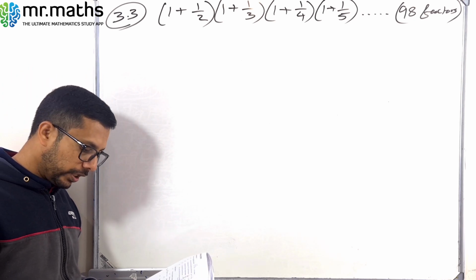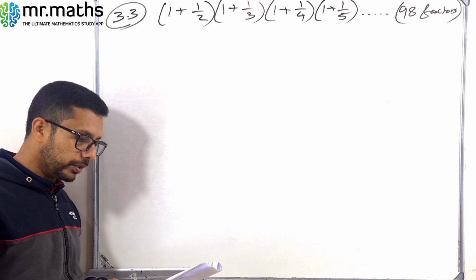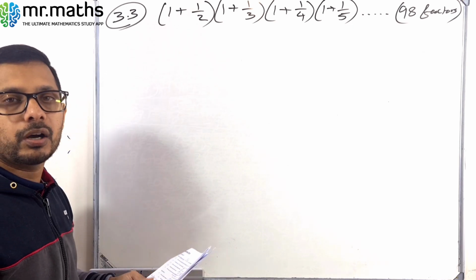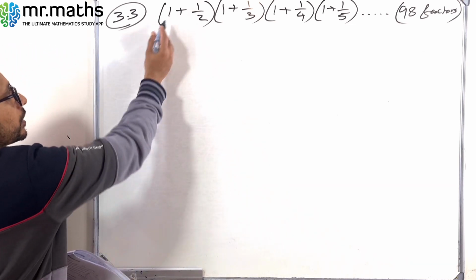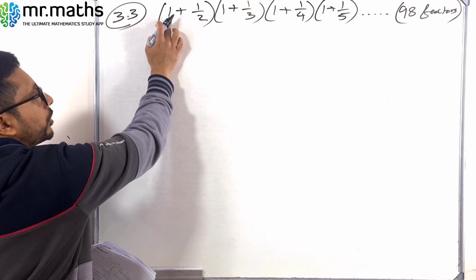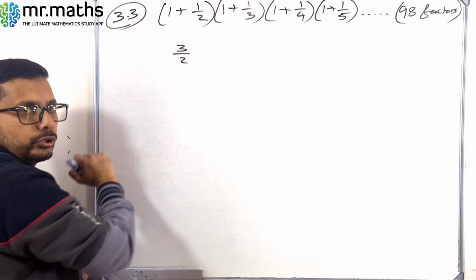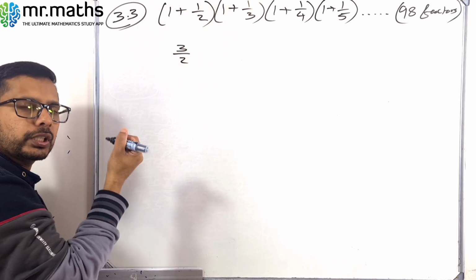For that, what we can do in this question is write each one as a fraction. Let's see how it is coming. 2 into 1 is 2, 2 plus 1 is 3, so this one is 3 over 2. Am I right? Or check in your calculator.